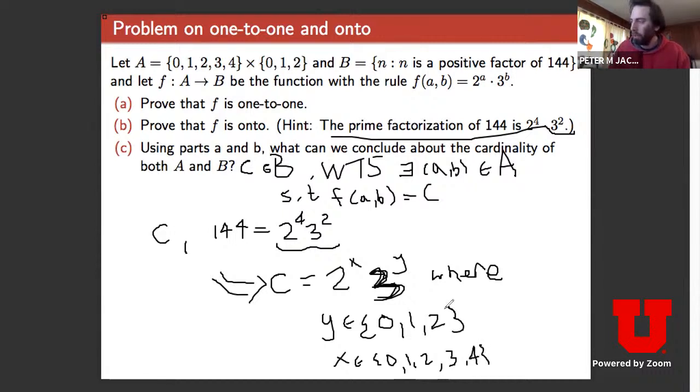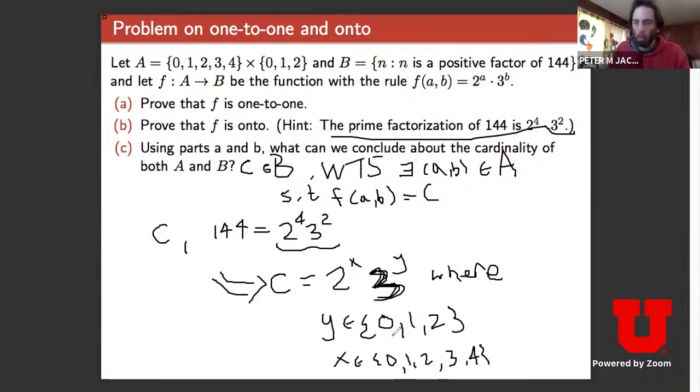All we did was say, well, 144 has this prime factorization, and c is a positive factor of 144, and therefore c has the factors of 144, but in smaller number. That's something we didn't prove. We're using that, and that is a number theory result. It's probably not that difficult to show. Intuitively, it seems true, but we're just using that here.